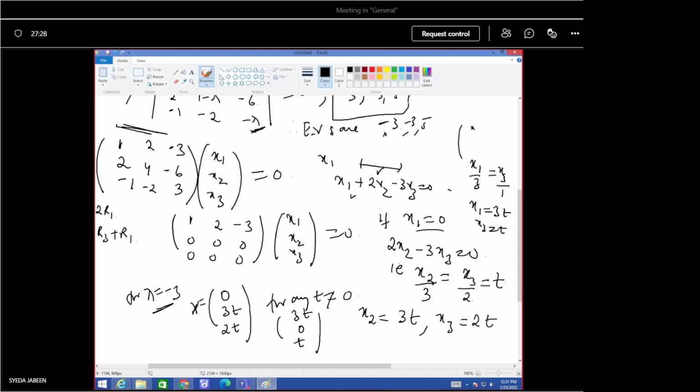Now for the value lambda equal to 5: 2, -1 and -2. What others are getting? Calculating.